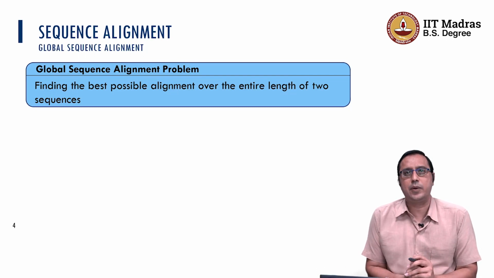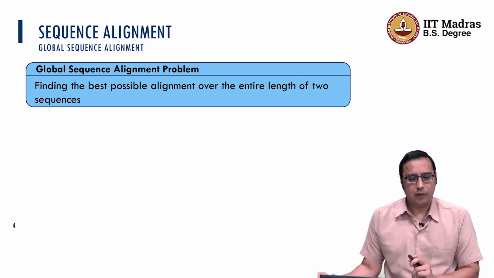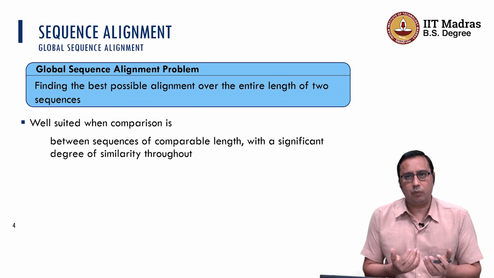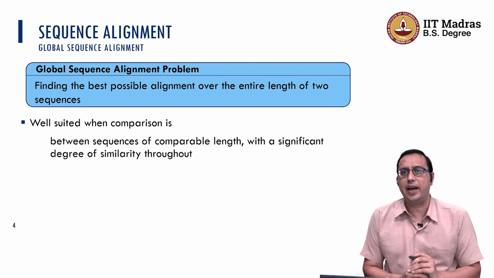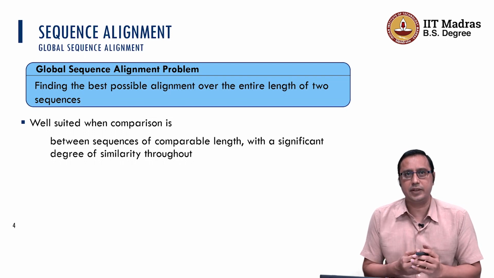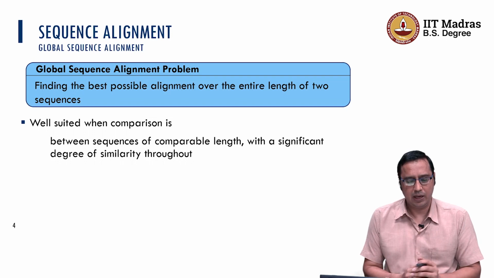So what is the global sequence alignment problem? Here the problem is to find the best possible alignment over the entire length of two sequences. Having said that, a very natural question comes to us: when should I perform global sequence alignment, or when should I formulate, given two sequences, a global sequence alignment problem?